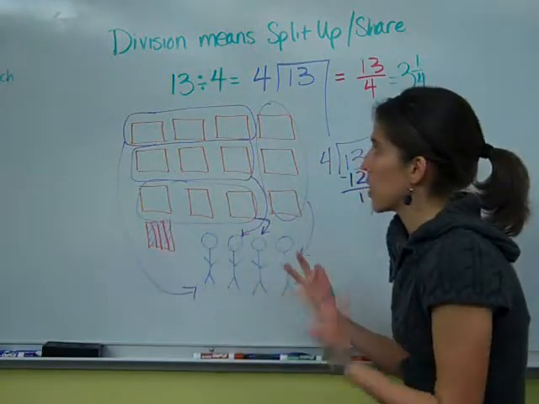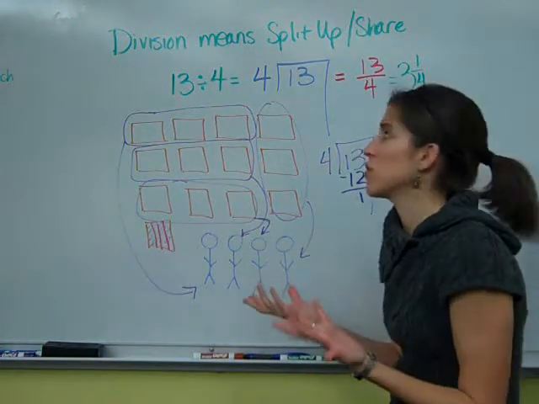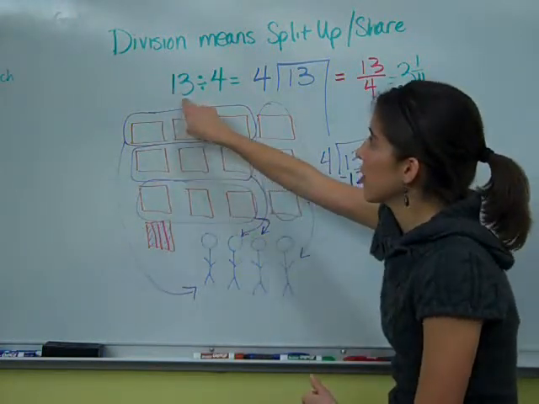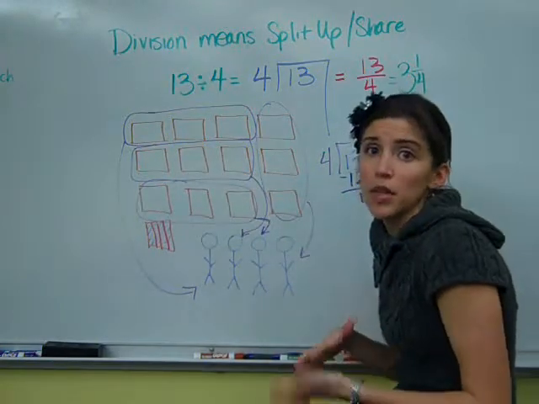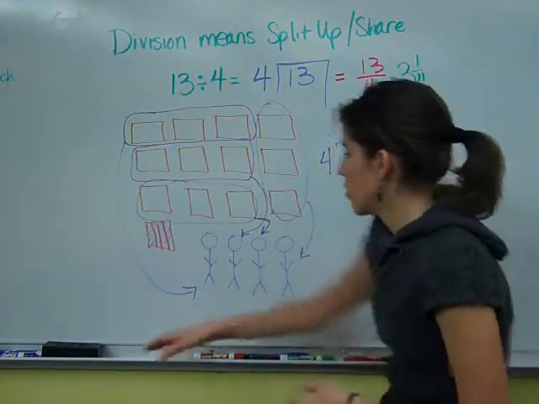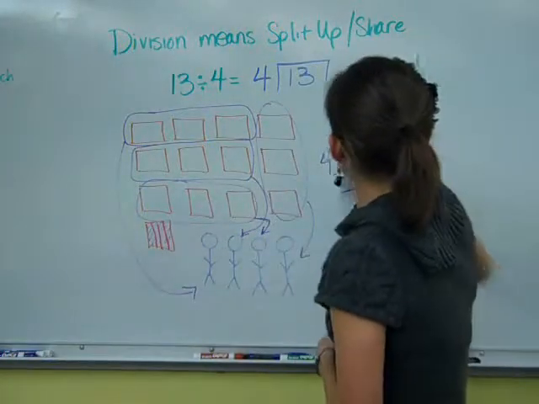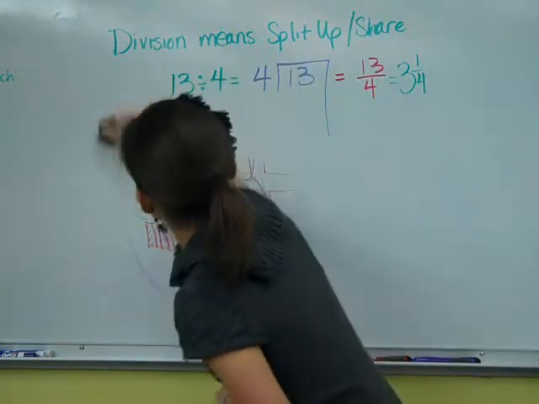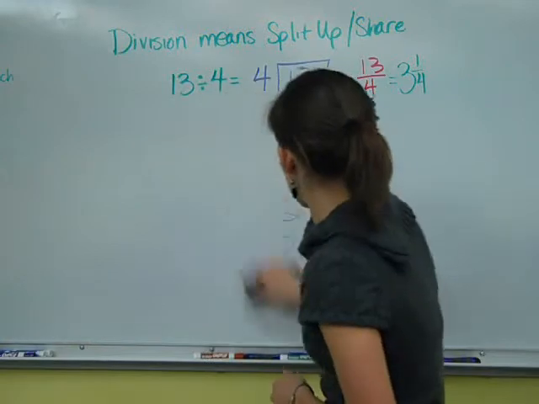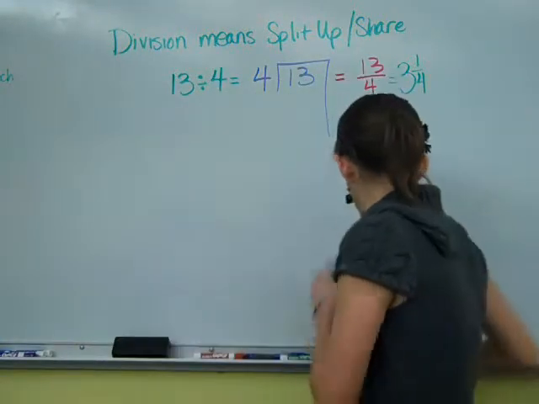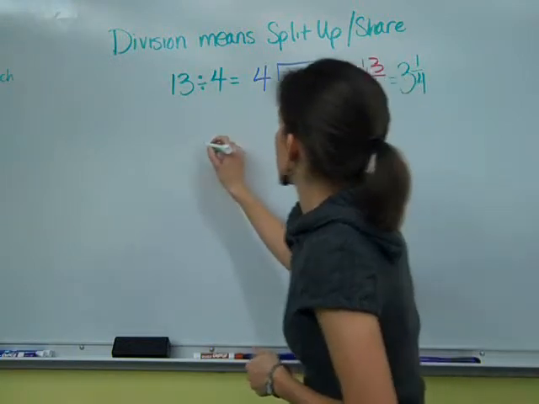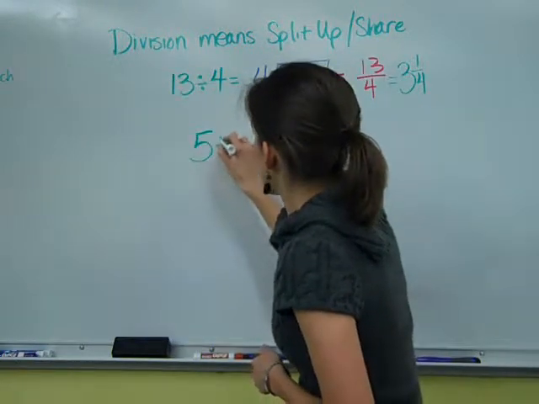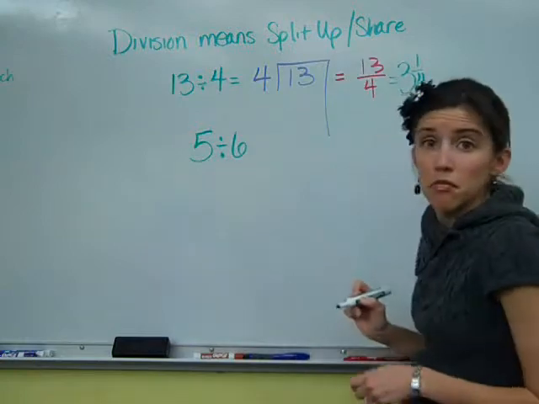What if it's a really weird problem that we haven't seen before, and instead of having the bigger number first, the thing that we're splitting up is a smaller number than how many people we get to split it into? What might that look like? Let's say now we've got an equation like 5 divided into 6.